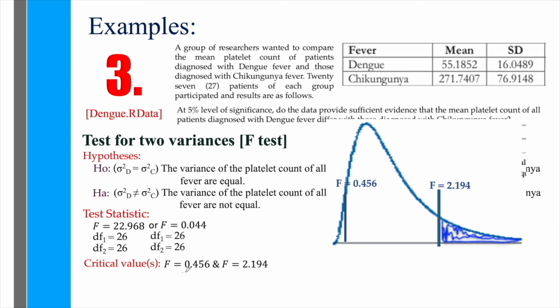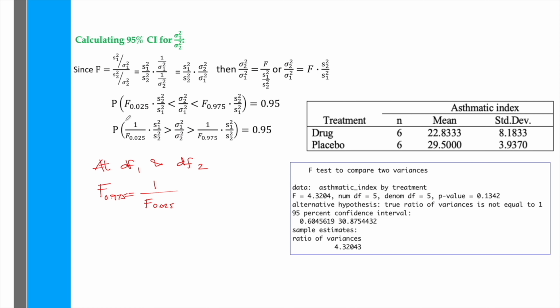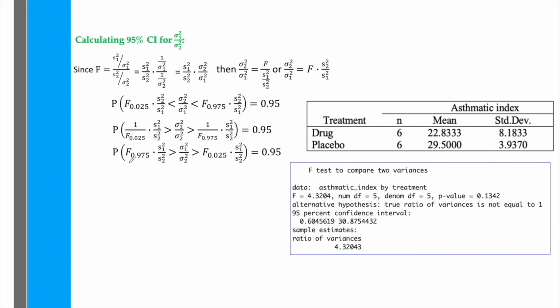And similarly, 0.456 is the reciprocal of 2.194. Thus, the reciprocal of f with cumulative probability of 0.025 is actually the f with cumulative probability of 0.975. And similarly, the reciprocal of f with cumulative probability of 0.975 is actually the f with cumulative probability of 0.025. Thus, we're going to have this one.